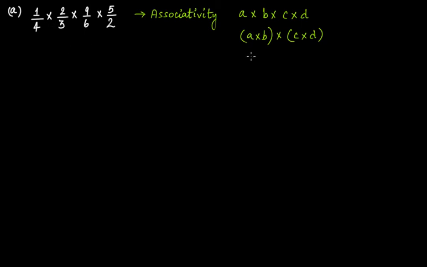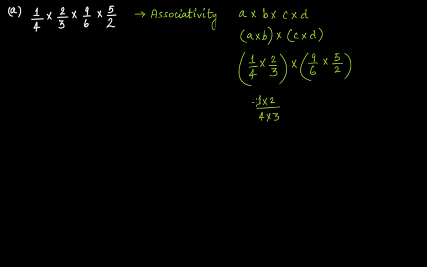We can do this: 1 over 4 times 2 over 3, then times 9 over 6 times 5 over 2. If you solve this, you get 1 times 2 divided by 4 times 3, times 9 times 5 divided by 6 times 2.